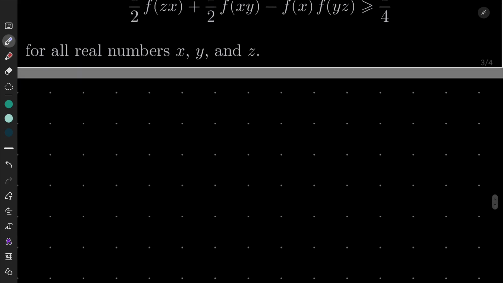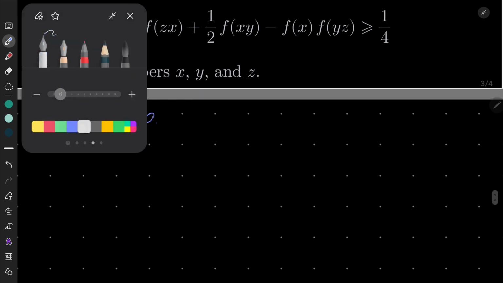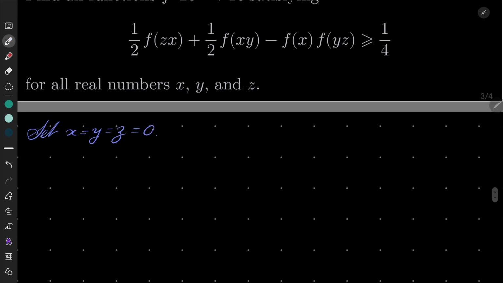Okay, so maybe let's start with setting everything to 0 as I suggested. And what do we have? Well, if I set everything to 0, I have 1/2 f(0) + 1/2 f(0) - f(0) times f(0), so it's f(0) squared, greater than or equal to 1/4.